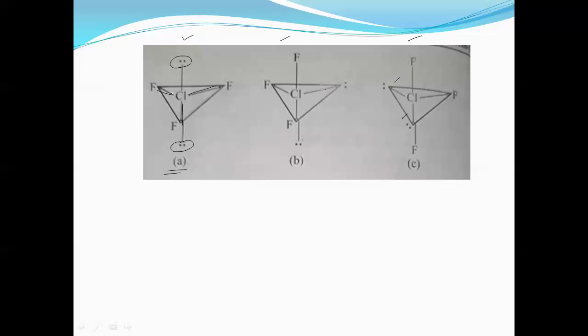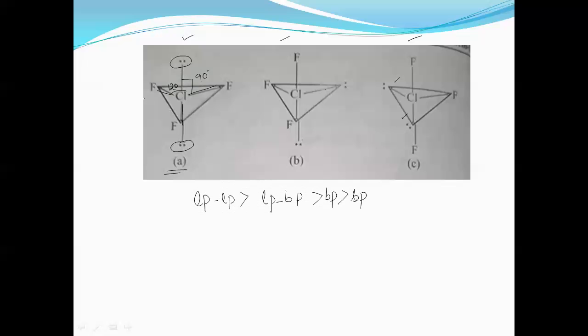The angle between the equatorial positions is 120 degrees, and the angle between an axial position and an equatorial position is 90 degrees. One more thing to keep in mind is that lone pair-lone pair repulsion is stronger than lone pair-bond pair repulsion, which is stronger than bond pair-bond pair repulsion.